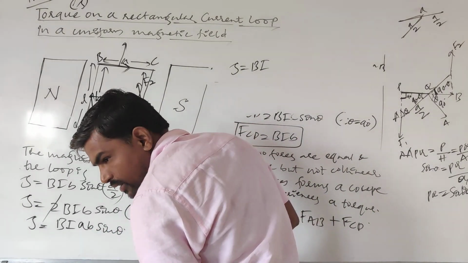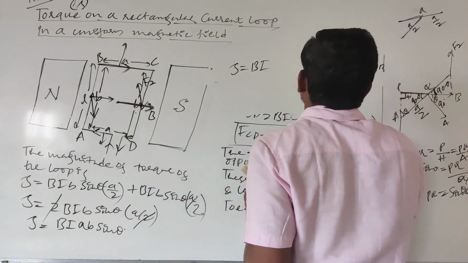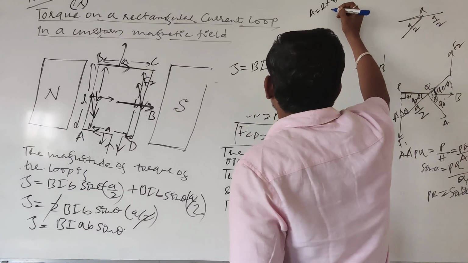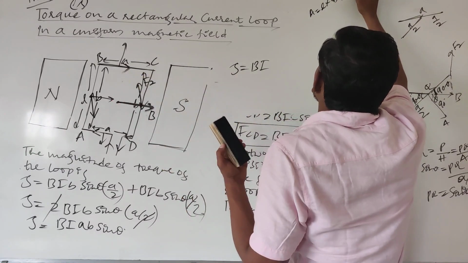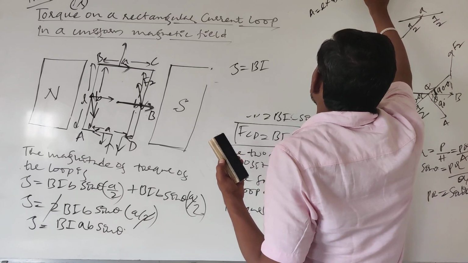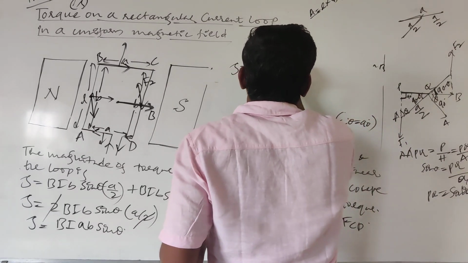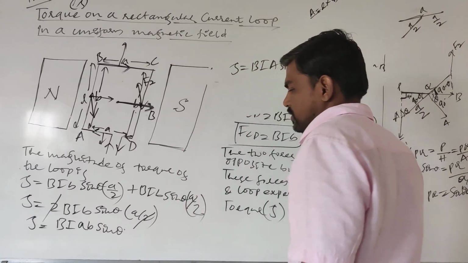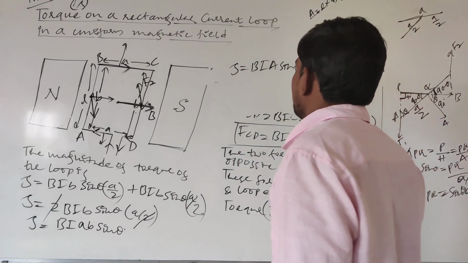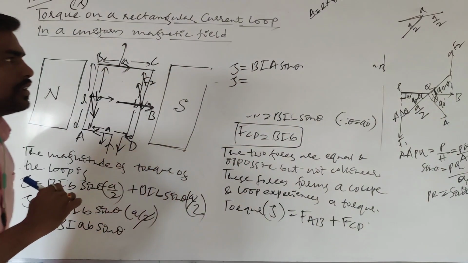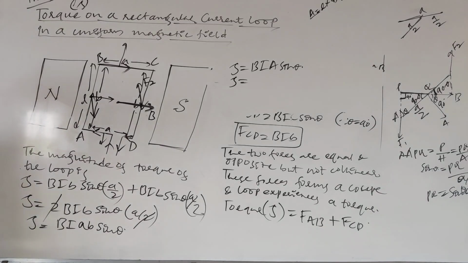Here, can I write area is equal to length into breadth? Our length is b and our breadth is a, so the product b times a is the area A. So torque is equal to BIA sin theta.